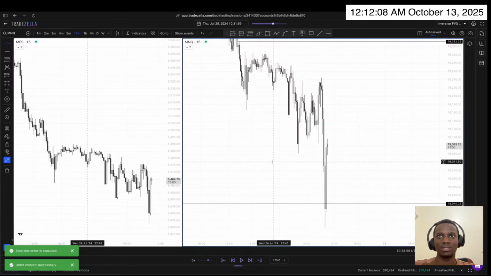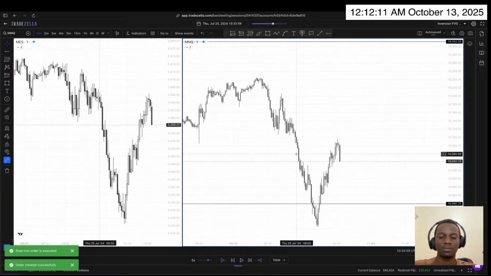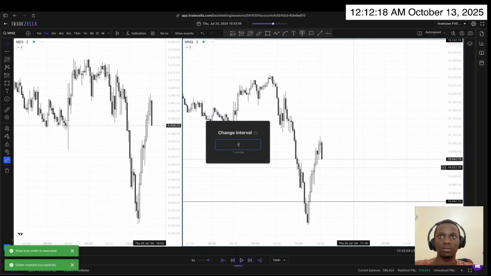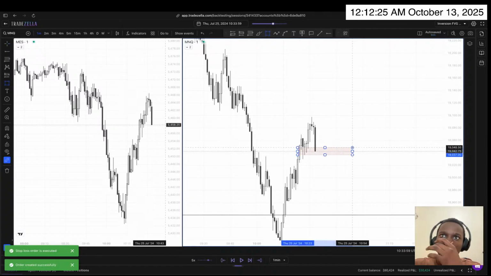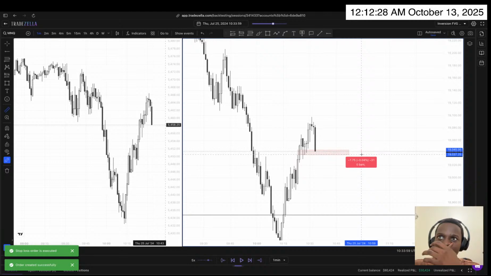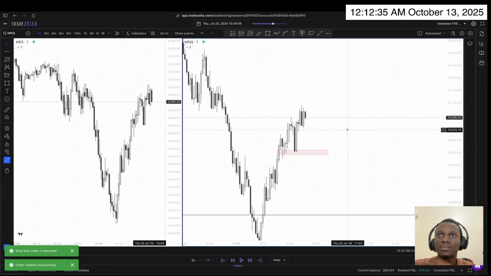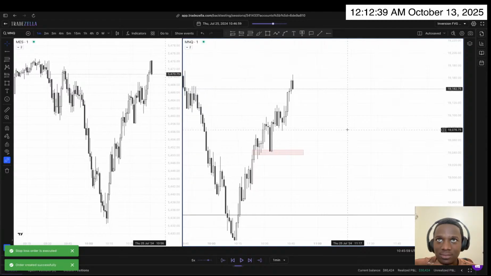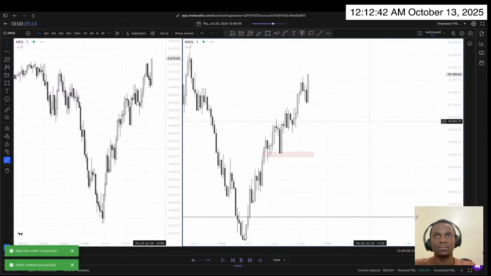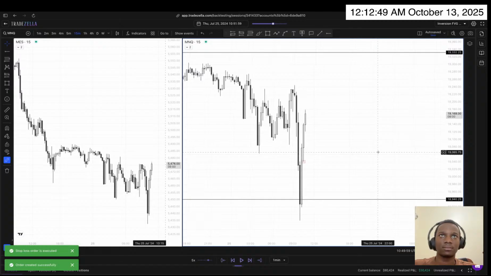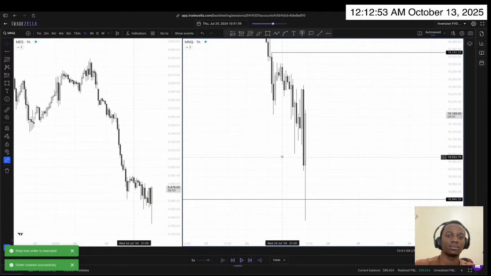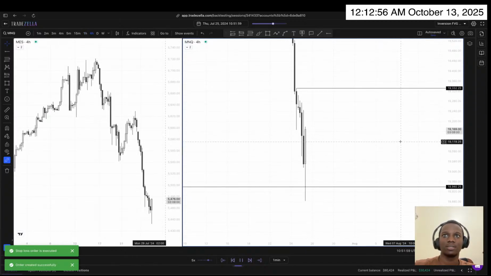Alright, 15 minutes now is looking like it could provide something. 5 minutes regular retracement. Kia was bearish, but looks like the market has other plans.